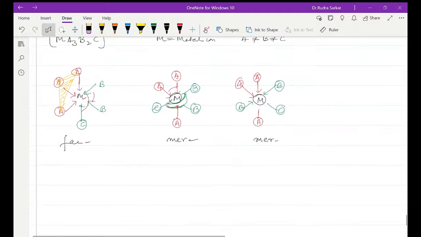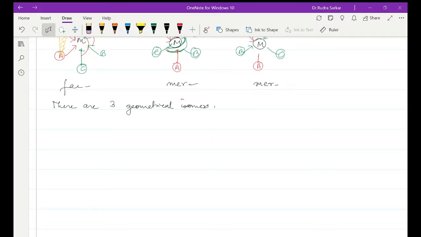So basically, we will say now for the complex Ma3B2, there are three geometrical isomers. And mind you, this question has come many times in many competitive exams.